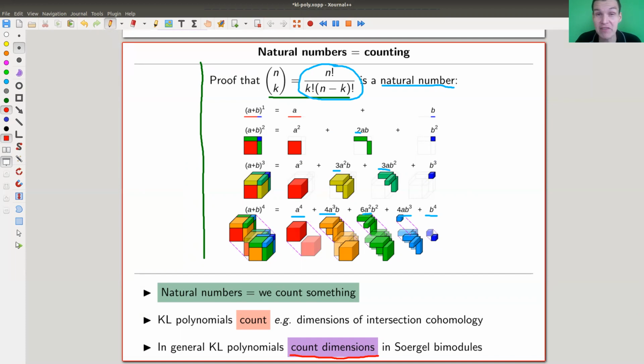And if you count dimensions, well, dimensions are natural numbers. And that's how you prove this amazing theorem, the Kazhdan-Lusztig positivity, that no matter how complicated your Coxeter complex is, you can do it on a hyperbolic plane, no matter what you do, the coefficients stay positive, or non-negative, which is really, really, really amazing.